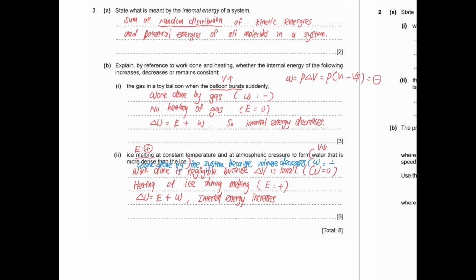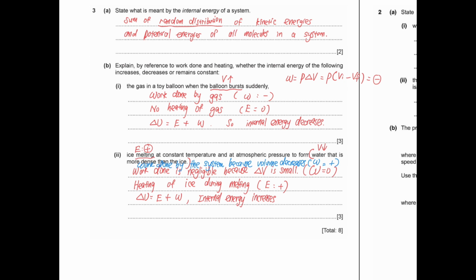W is positive. So if you write this, it is okay also. After all, that is clear enough. W is positive, Q is positive, then delta U is positive as well. So accepted also, the blue color one.